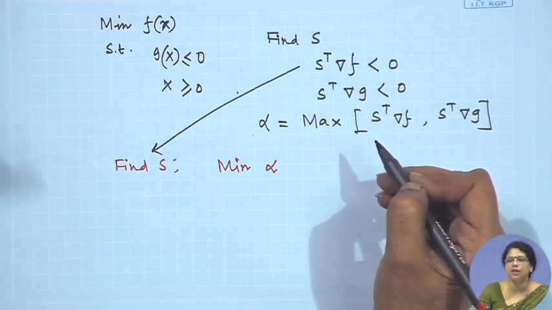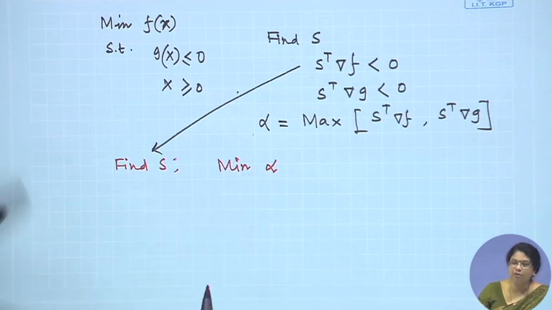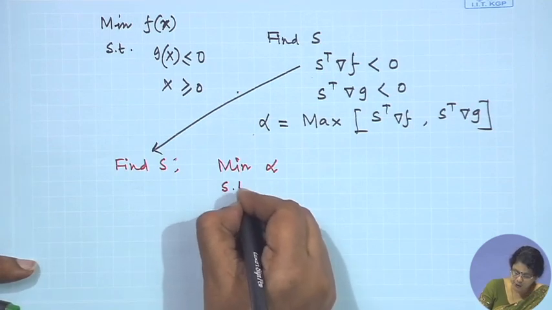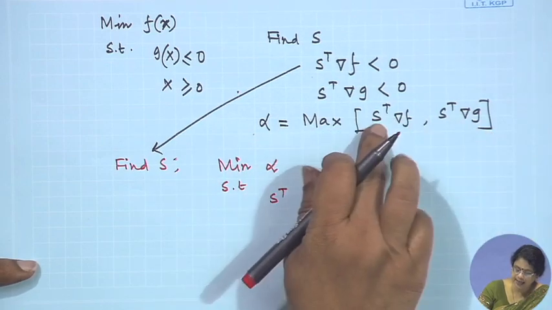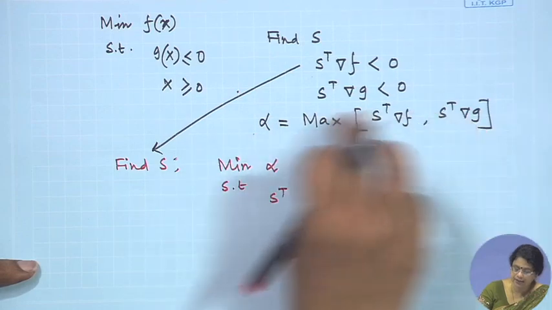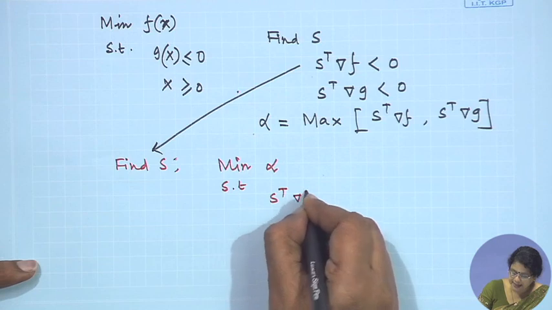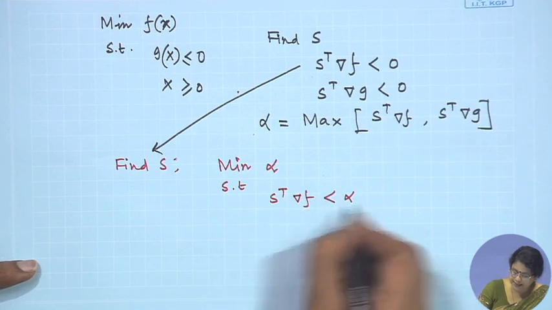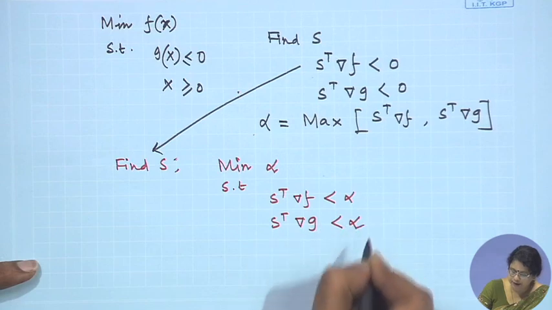That is why we are finding the minimum of alpha subject to, since alpha is the max of these, individually this is less than or equal to alpha, this is less than or equal to alpha. That is why we can write grad f less than alpha, grad g less than alpha.